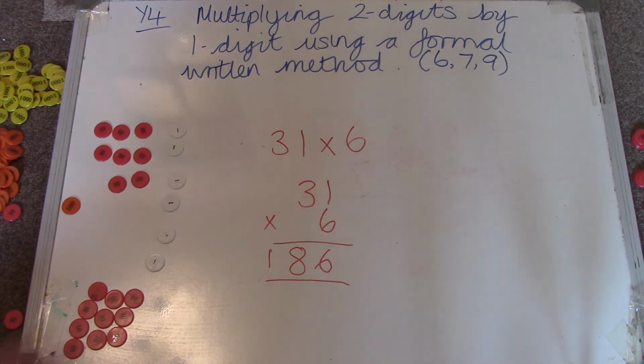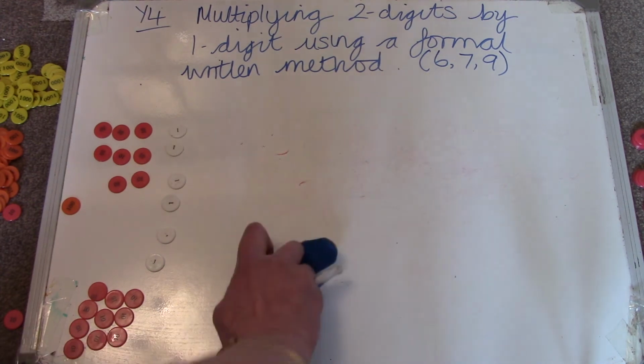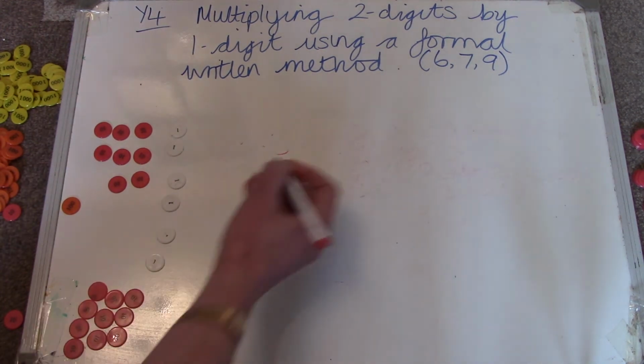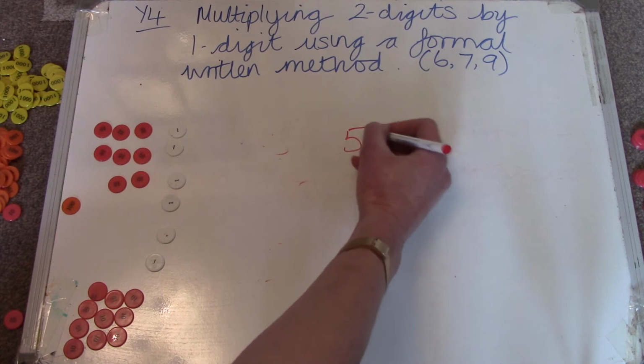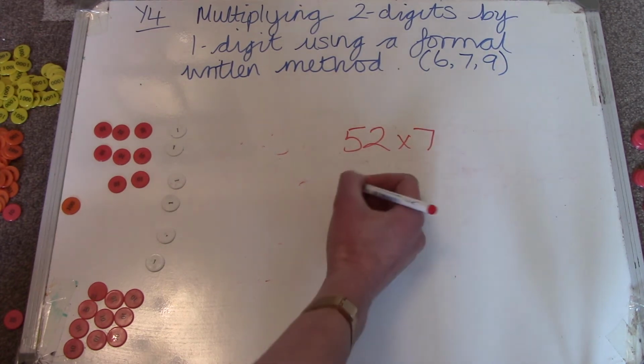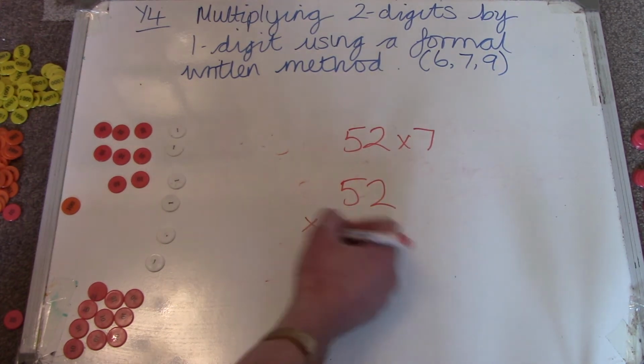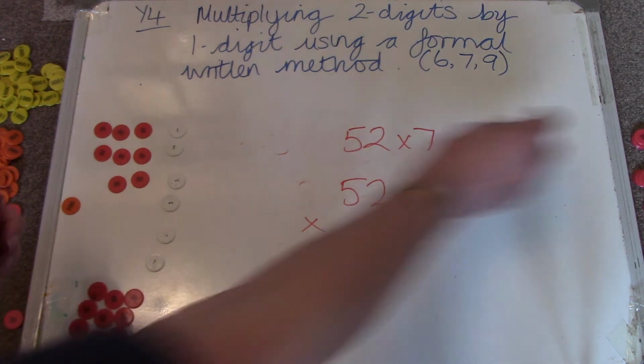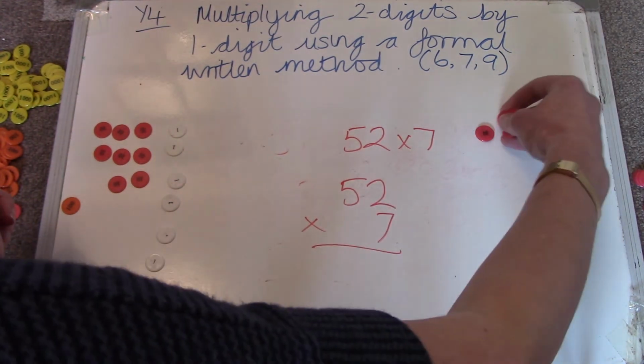Okay, the next calculation we're going to have a look at is 52 multiplied by 7. So we're going to have 52 7 times. Let's have a little look how that looks in the place value counters.